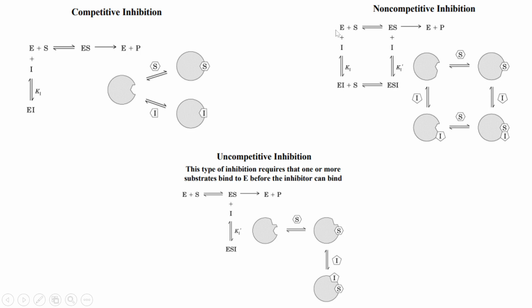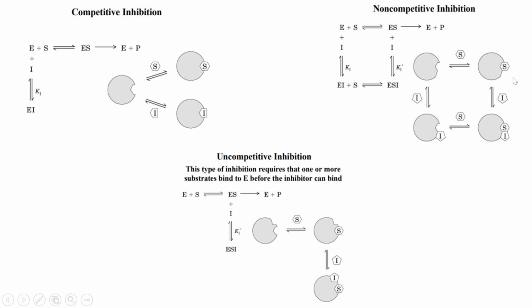Now, in case of non-competitive inhibition, what is happening? Substrate can bind to the free enzyme, and substrate can bind to the enzyme-inhibitor complex also, and inhibitor can bind to the enzyme-substrate complex also. So anything can bind to anything at any point. So now we have the enzyme here. Substrate will bind to the enzyme and sit in its catalytic pocket.